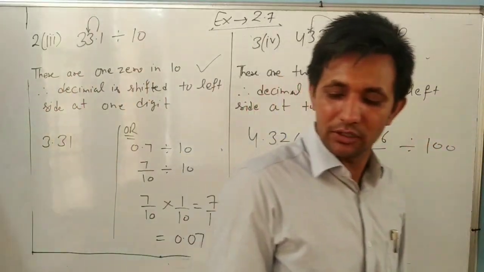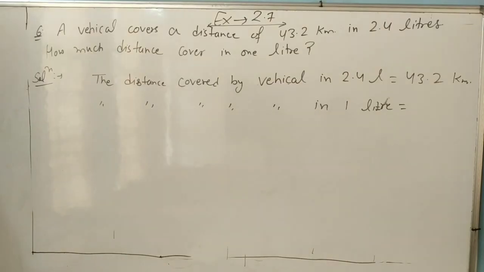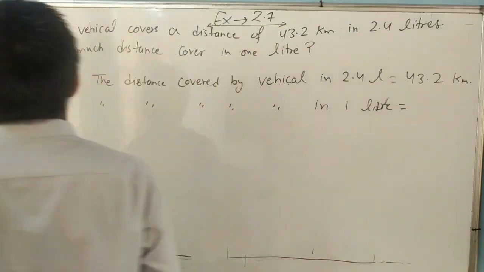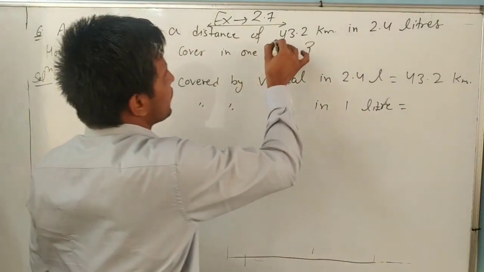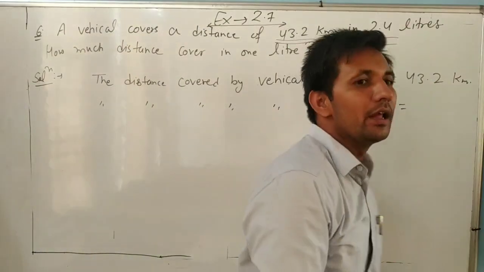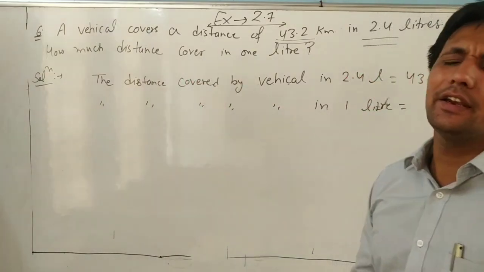Now last question, question number 6. Dear, it is a very important question also. A vehicle covers a distance of 43.2 kilometers in 2.4 liters. How much does it cover in 1 liter? It is very simple, dear.